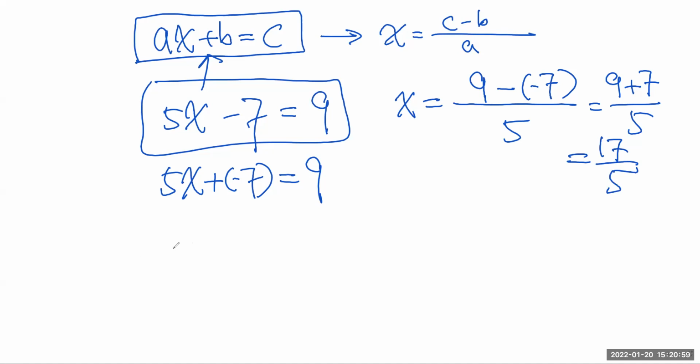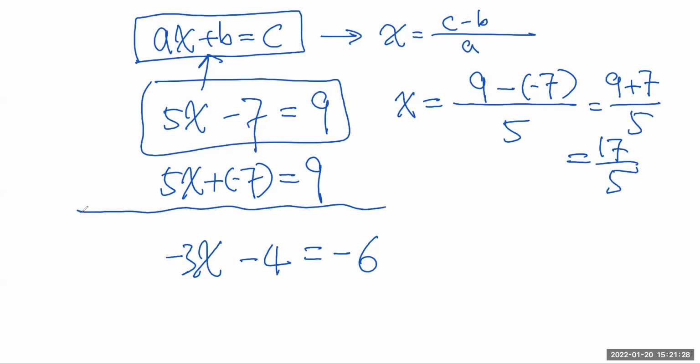Okay, so let's see. Negative 3x minus 4 equal to negative 6. Okay. X is equal to 9 over 7. Okay, so not meant to be distractions.